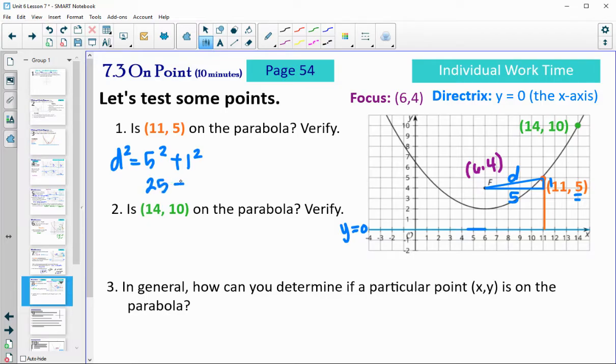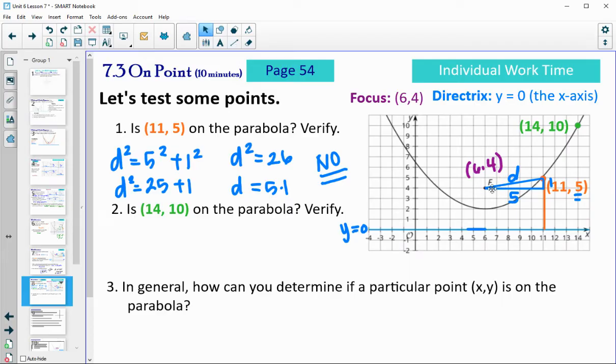So we get 25 plus 1. So d squared is equal to 26. So square root that, and you get that the distance is not equal to 5. Okay, it's equal to just over 5, so you get 5.1. So this one is not on the parabola.